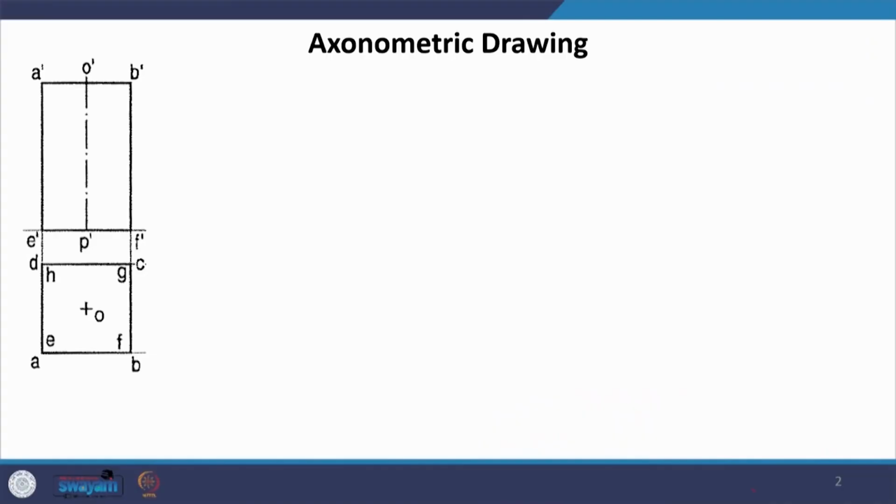So, this is a square base prism and we are going to be drawing the axonometric projections of it. So, this is the square, which is what we will see as it is if we are assuming that it is kept perpendicular to the HP and the face is parallel to VP.